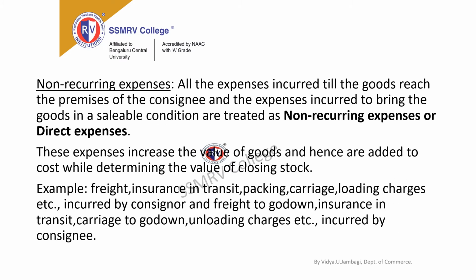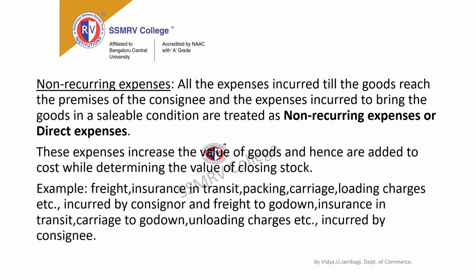Non-recurring expenses. All the expenses incurred till the goods reach the premises of the consignee, and the expenses incurred to bring the goods into a saleable condition, are treated as non-recurring expenses or direct expenses. They are referred to as direct expenses also, and they are incurred only once, that is, at the time of sending the consignment.